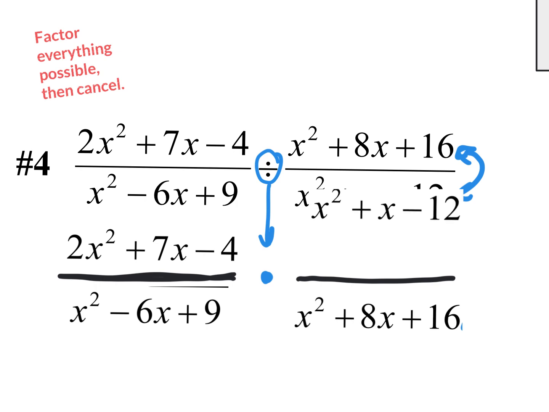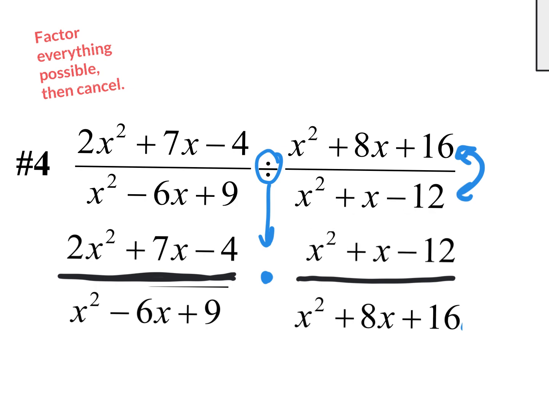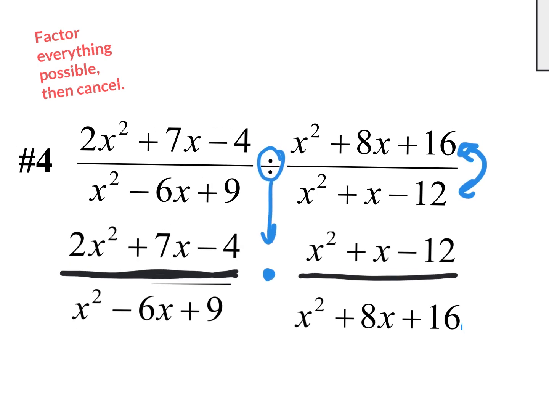Alrighty, so you guys on your paper should have rewritten it the way I did. Man, it would have been easier if I would have just rewritten it.